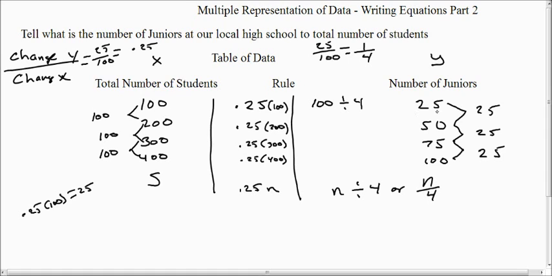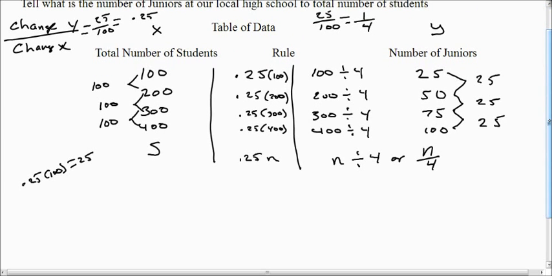That gives me 25, and 200 divided by 4 gives me 50. 300 divided by 4 gives me 75, and 400 divided by 4 will give me 100. So now we've come up with our rule, and either way we look at it, these rules are going to fit, because dividing by a fraction is the same thing as multiplying by the reciprocal, which is 4 over 1.